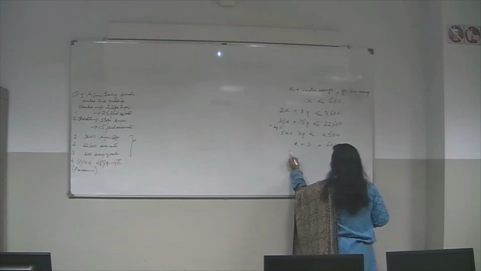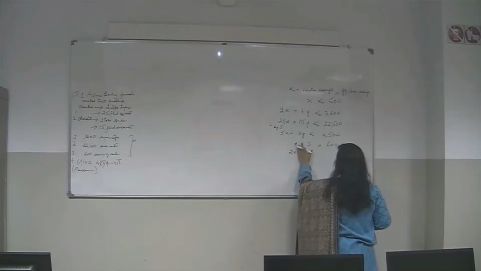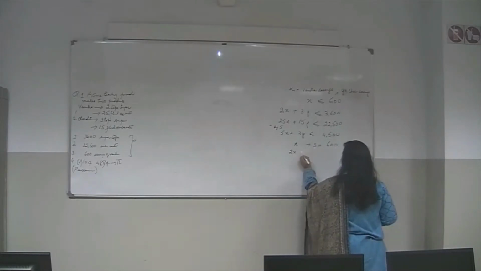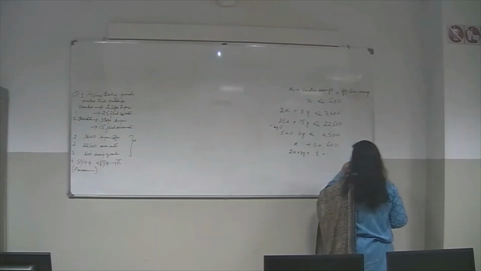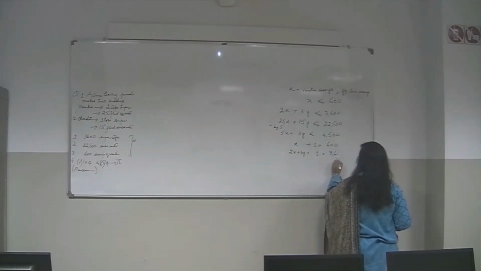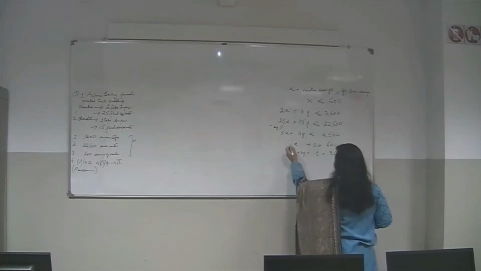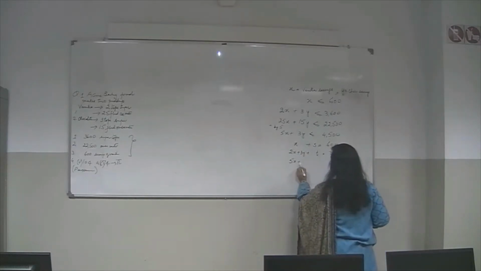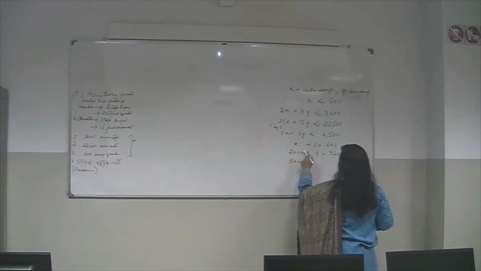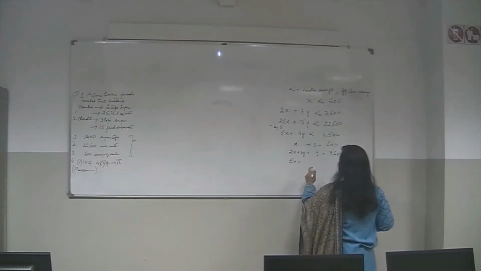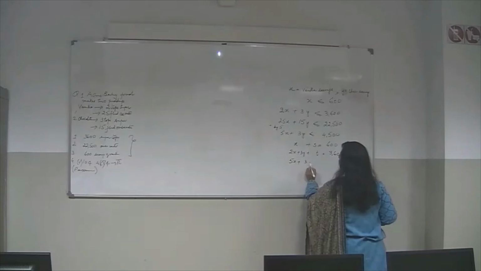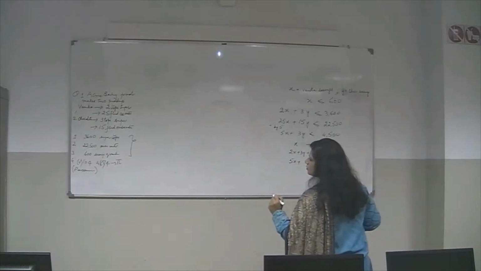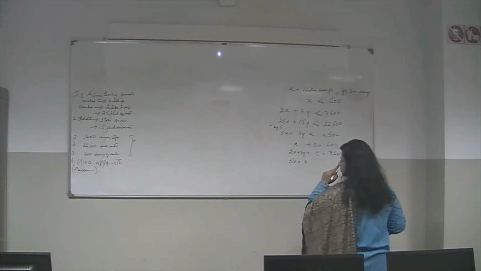Then, therefore, it means 2x plus 3y plus t is equal to 3,600. Similarly, 5x plus, again we have 3y, so let me just confirm that we have the same value, 3 teaspoons.